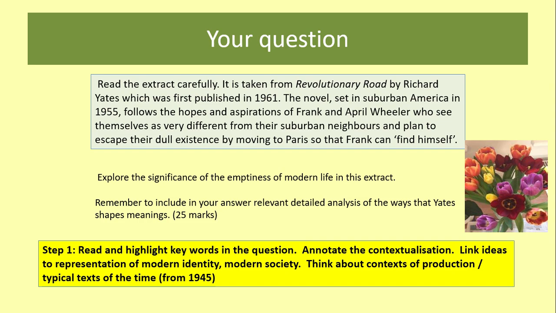And then finally, as you're annotating, think about the context of production and typical texts of the times from around about 1945. You will have read some of those, so you'll be able to draw on those too. So I'll leave you just to spend some time annotating those two things, pick out those keywords and annotate the contextualisation there, and then you can restart the tutorial when you're ready.